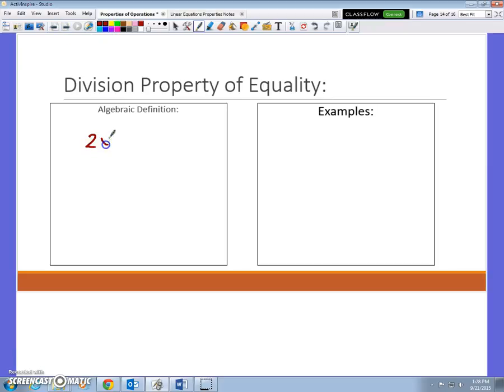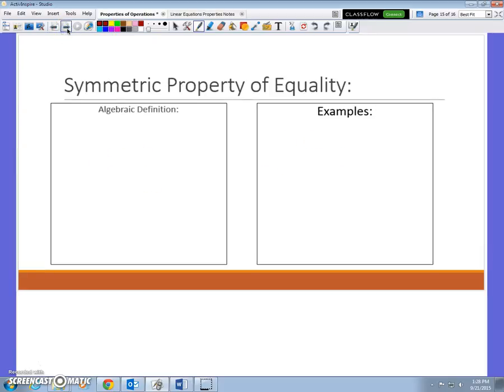Division property of equality, you divide both sides. The division step right here is the division part. Division property of equality.